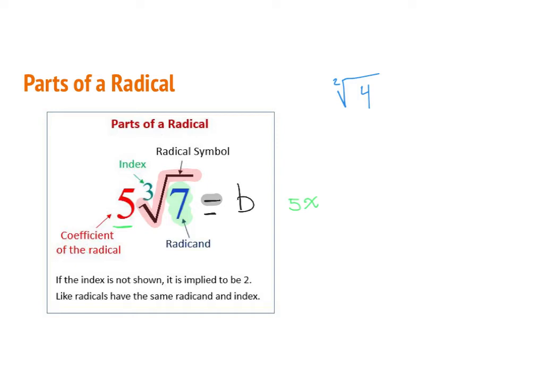Let's say in this case it equals the letter B. This is known as the root, which is why we say the square root of 4, because that 2 means square, and then our answer would be the root. It is the root of the number.